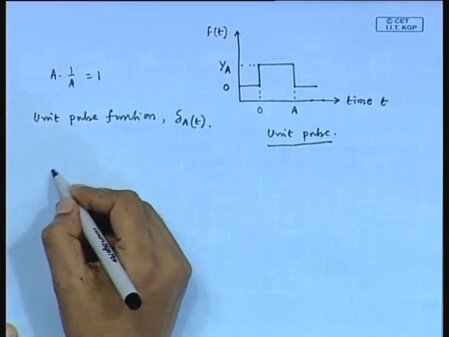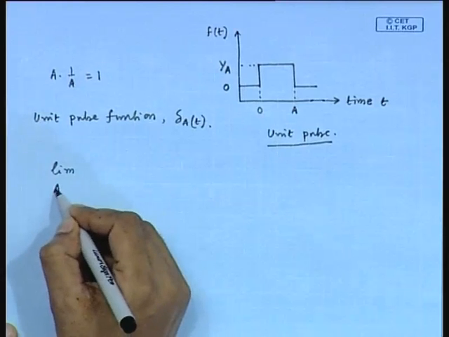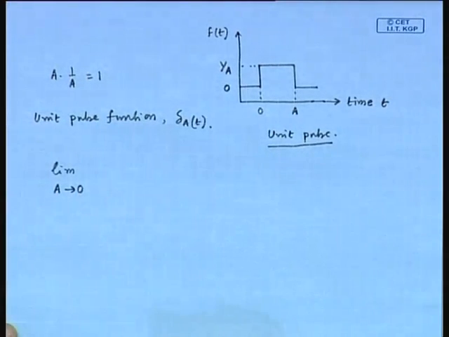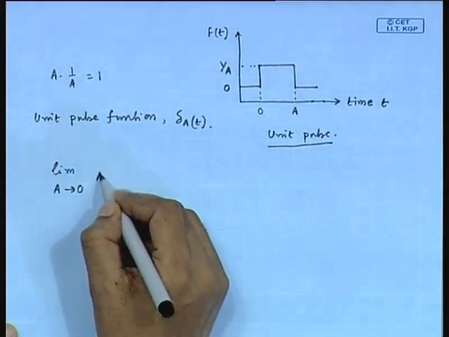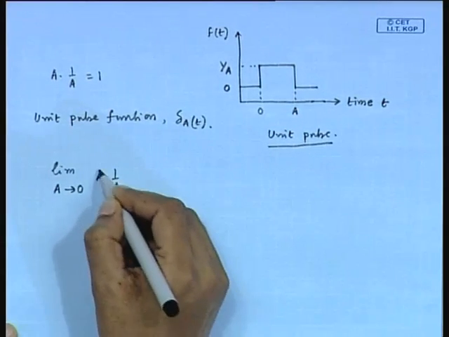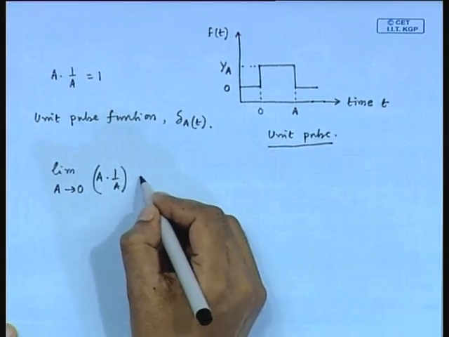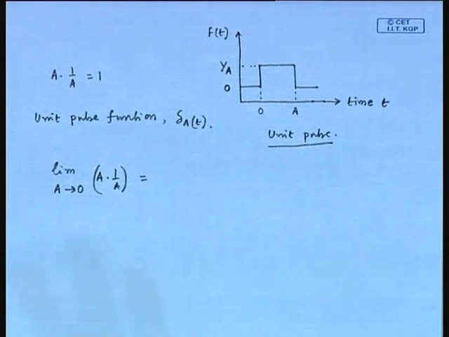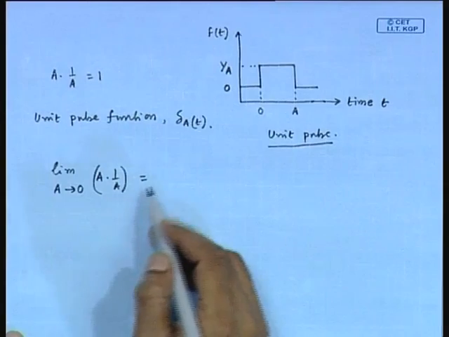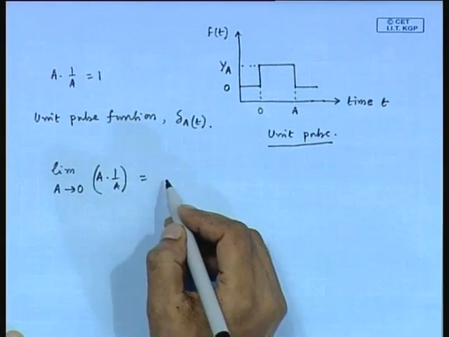Now we wish to consider the limit as a tends to 0 of a multiplied by 1 by a. How much is this? We are approaching time 0. So how much will it be? 1.